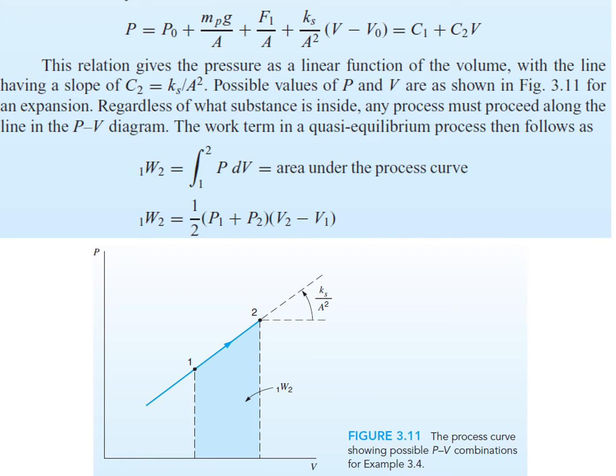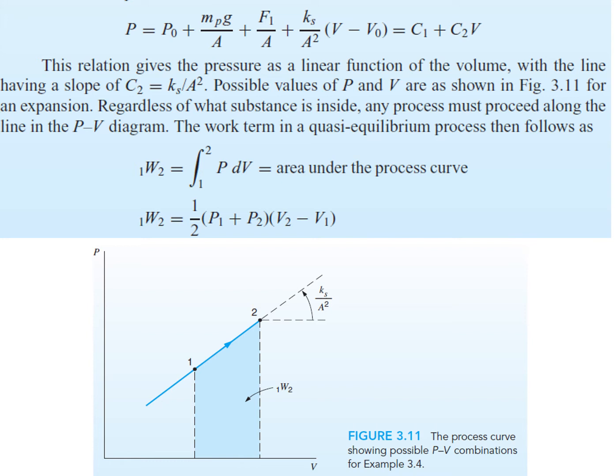If we divide the whole equation by the area, and convert the spring force, the uncompressed and compressed lengths, into volume, everything else is constant, so we denoted it with two constants, C1 and C2.